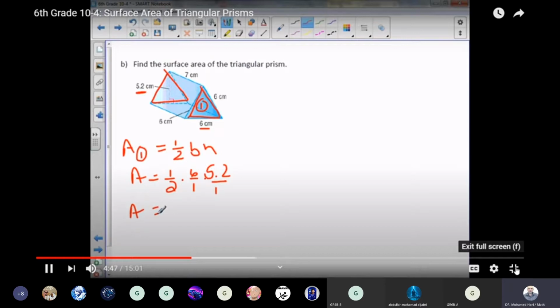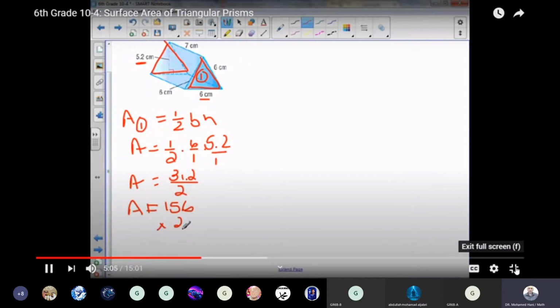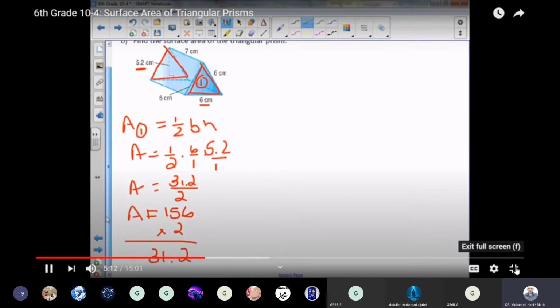Your numerator, 6 times 5.2 times 1, is 31.2. And your denominator is 2. Divide it out and get 15.6. Remember, there are 2 triangles, so let's multiply that by 2. And we get 31.2 for our triangles.